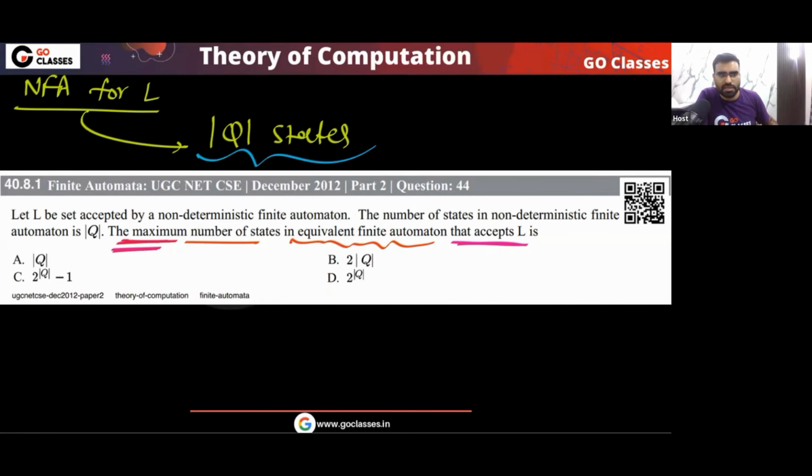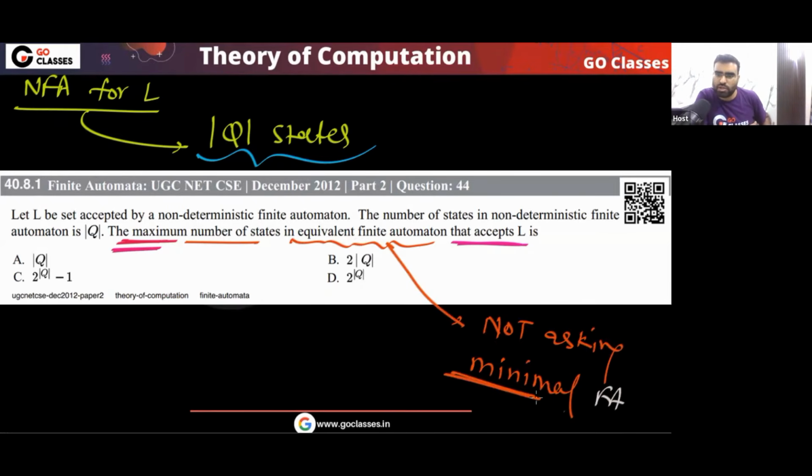But here the question is not asking minimal. The question is not asking for a minimal finite automata, or I can say it is not asking for a minimal DFA.